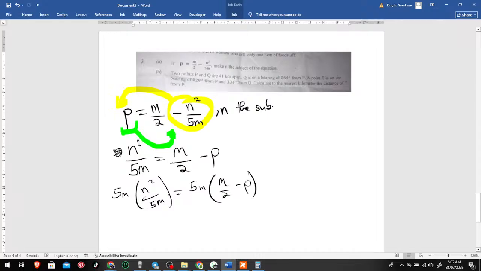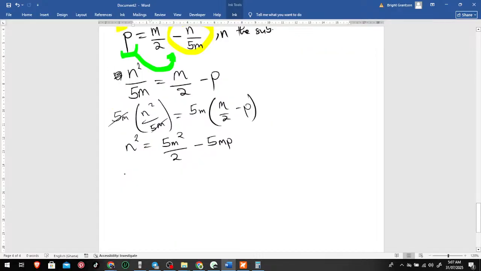This and this cancel. So you have n squared equals, then you open a bracket, 5m squared over 2 minus 5mp. Right. Then simplify. n is going to be the square root. You see, square both sides.